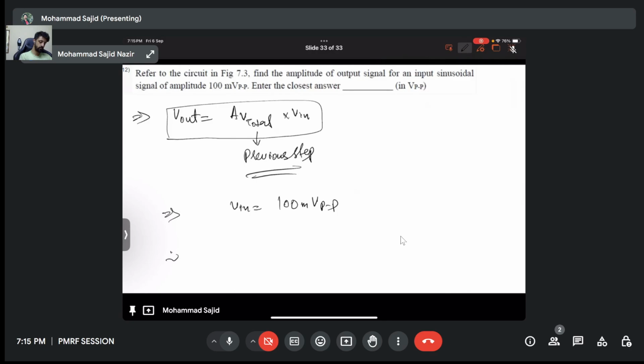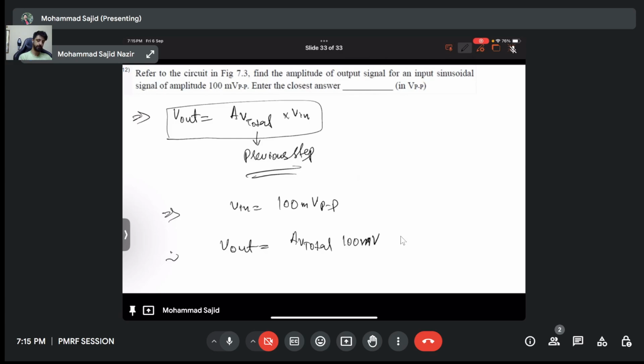So that means the output will be AV total multiplied by V input.